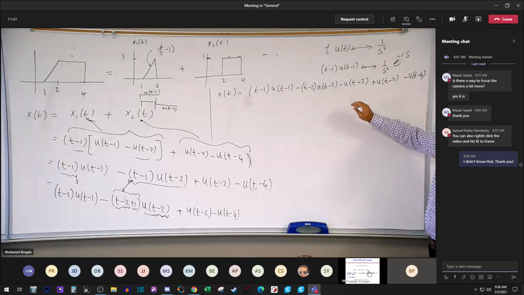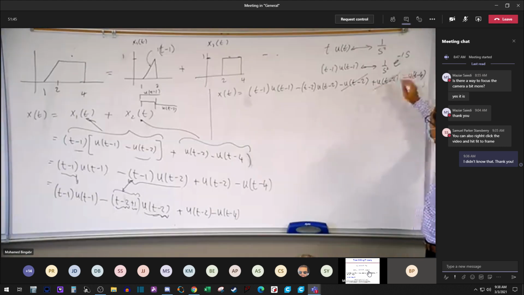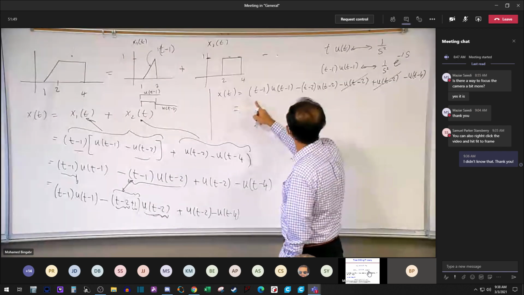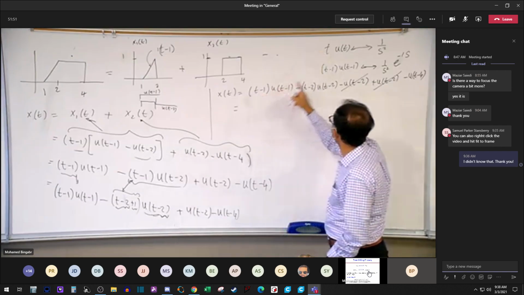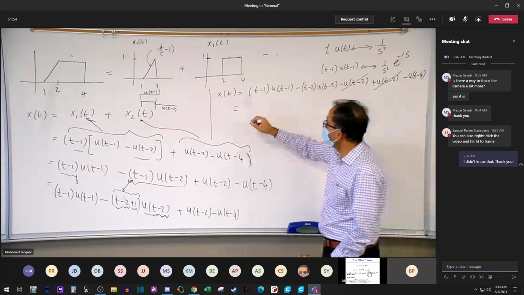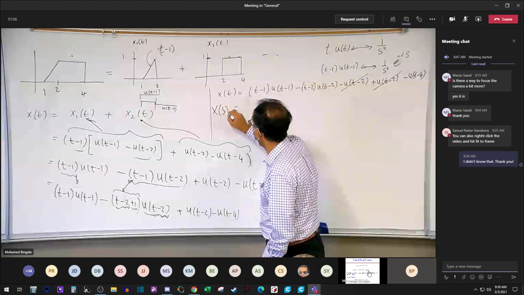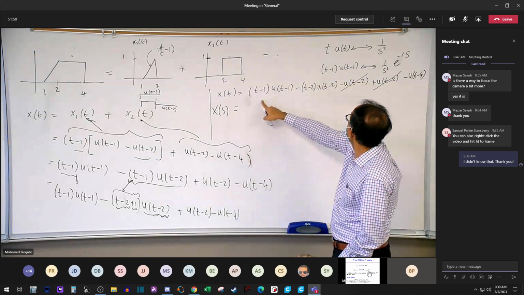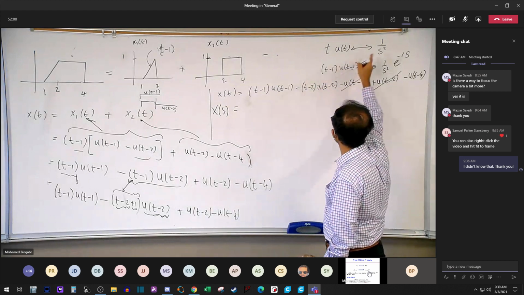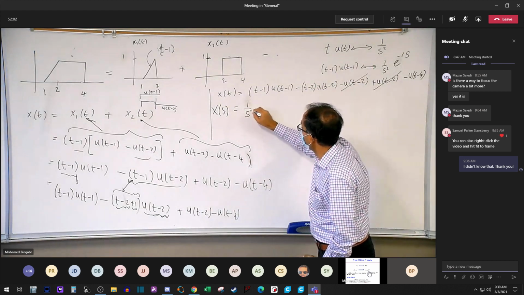This will cancel. And for this, I will use the table here and the time shift property. The Laplace transform of t u of t is 1 over s squared from the table.